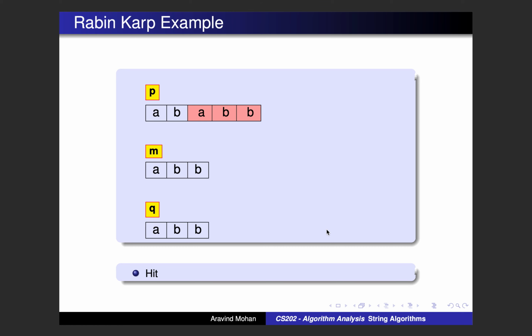Regarding the time complexity, as we said, the rolling hash takes constant time, and we only compare when we know that the rolling hash matches.